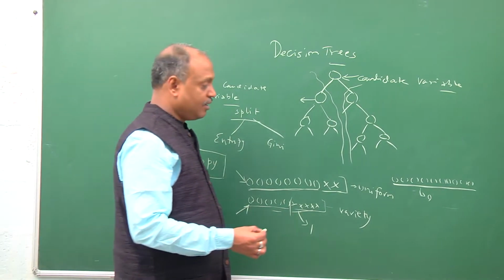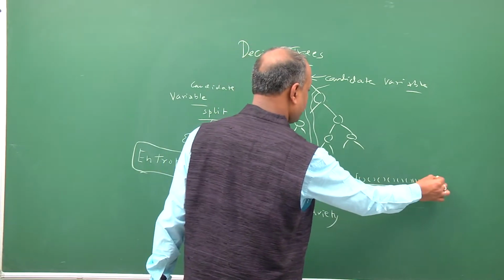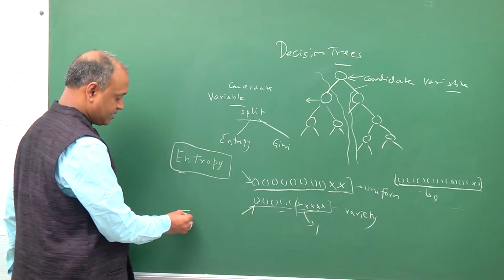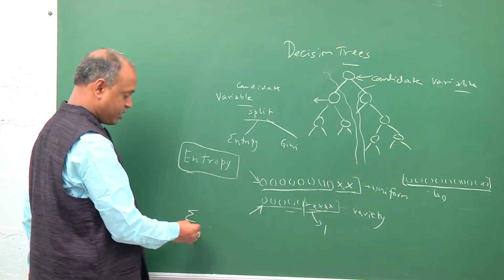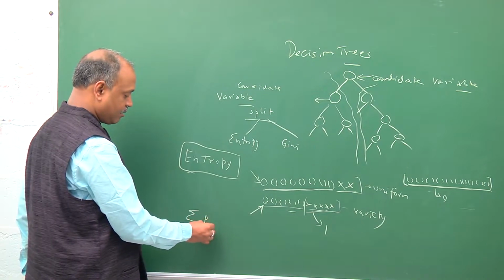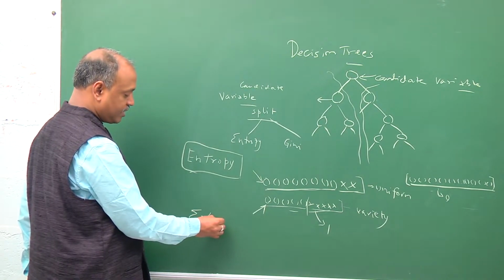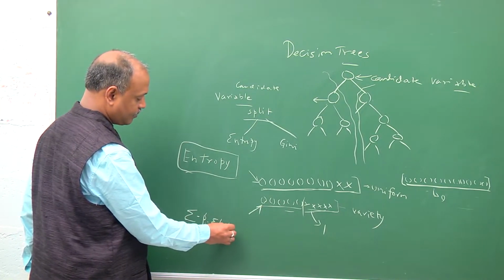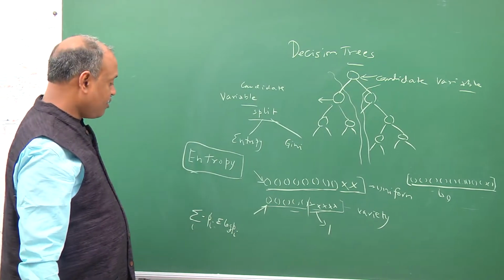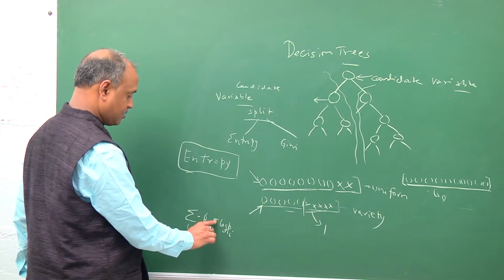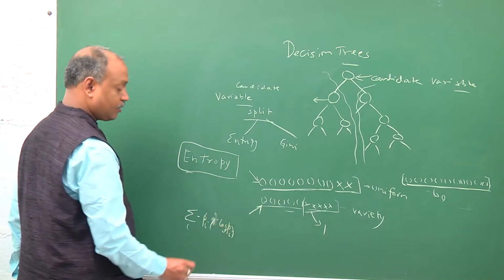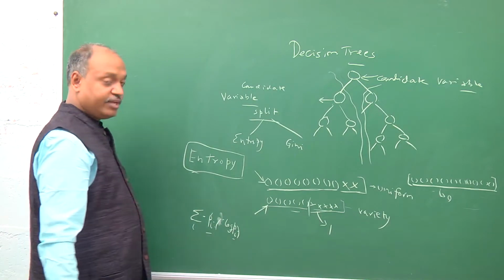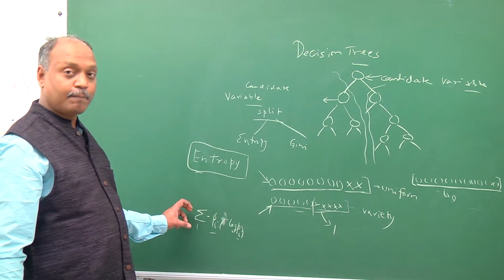We can also measure entropy by means of a technical formula, where you say it is the sum over the different categories, here the two categories, of minus p_i log p_i. This captures the probability of each part of the sample or variety.